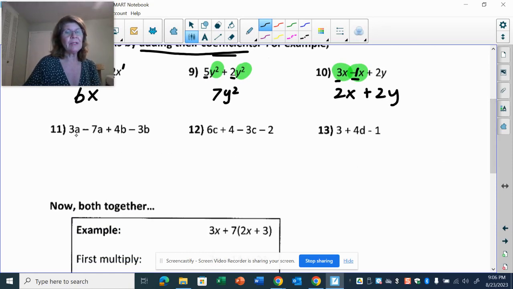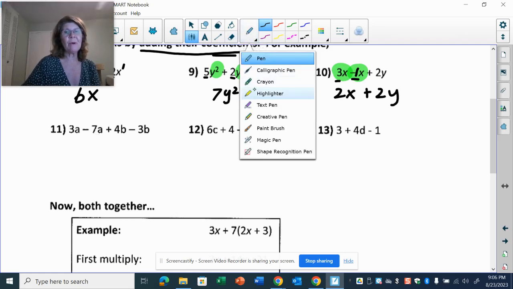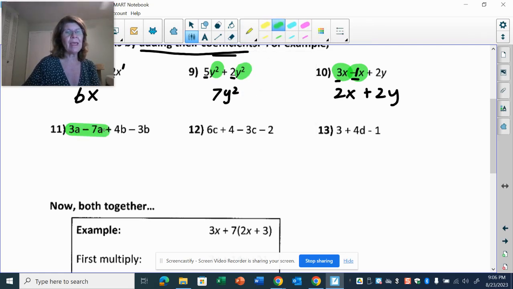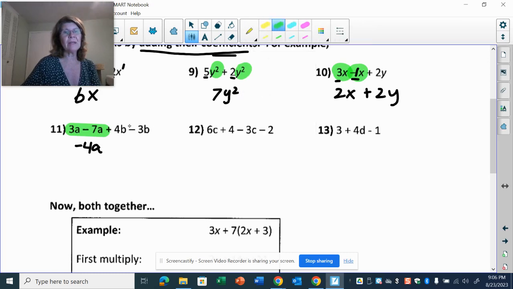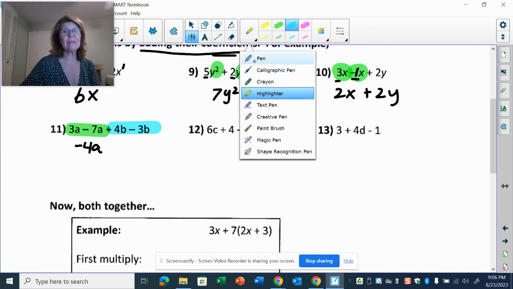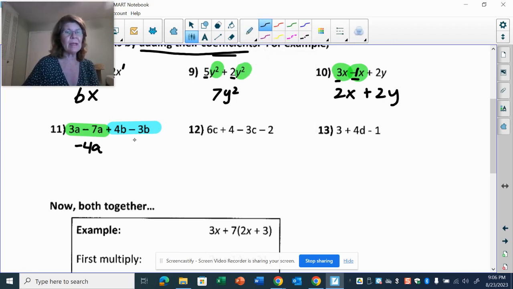So now I'm going to do 3a minus 7a. Those are both like terms because they're both a's. And so I'll just do the coefficients. 3 minus 7 is negative 4. And then I'll just bring down the a. And then here I've got 4b minus 3b. Those are like terms because they're the same variable, same exponent.